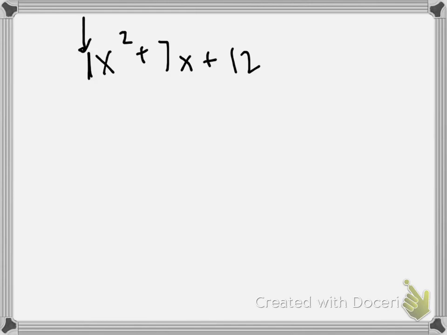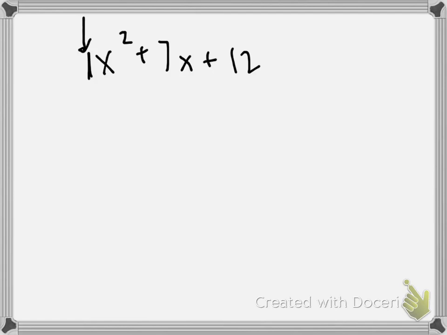The methods that we're going to learn today, you really have to have a 1 in the front. You can certainly factor some polynomials if you have a number bigger than 1 in the front, but it is more complicated and it's just something we're not going to worry about in this particular section. So we have a trinomial with a leading coefficient of 1, and that is good. That's the kind of setup that we want to use the strategy we're going to learn today.